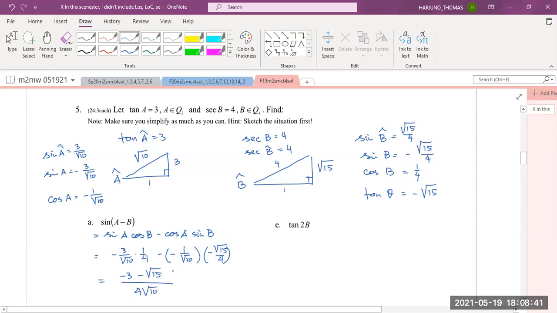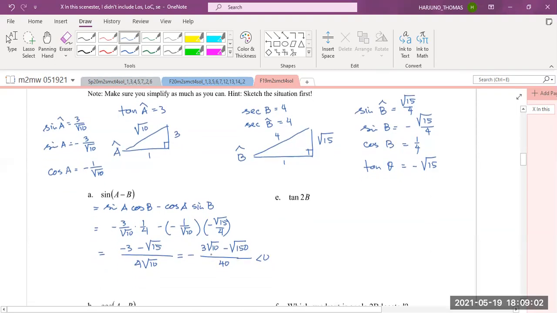This is clearly negative, right? You can factor the negative out to see that better. In fact, this is a plus. I can simplify a bit further. 150 is 25 times 6.